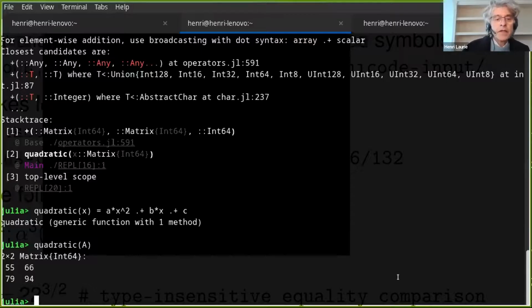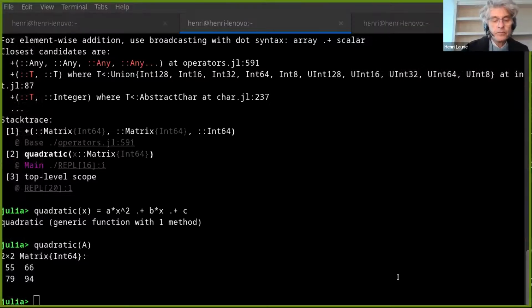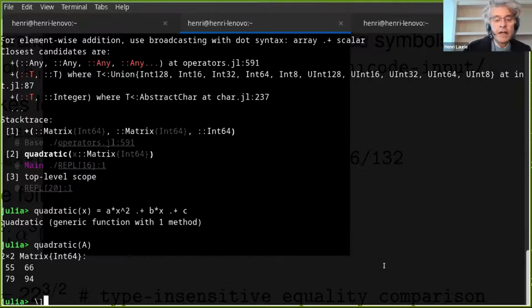Okay, so in order to type alpha, I just enter alpha with a backslash, and I press the tab key. And then in order to get the alpha squared, that is, in a sense, a string. It's really a composition of characters that form a symbol.